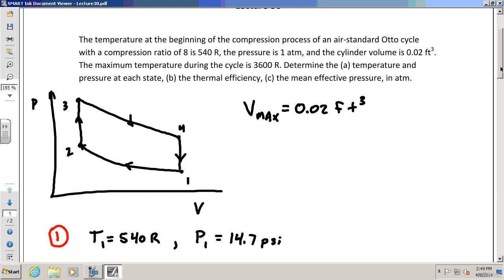Now, compression ratio. Compression ratio, R, is equal to 8, and that's equal to your max volume divided by your min volume, right? How else can I express that in terms of states 1, 2, 3, and 4? Volume 1, which is the max volume, divided by what would be a min volume?